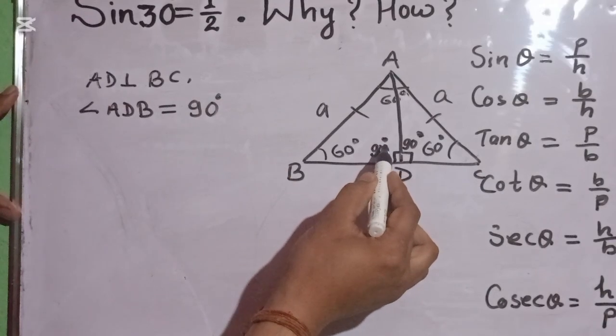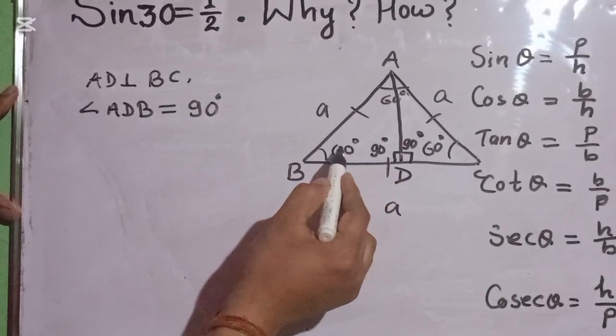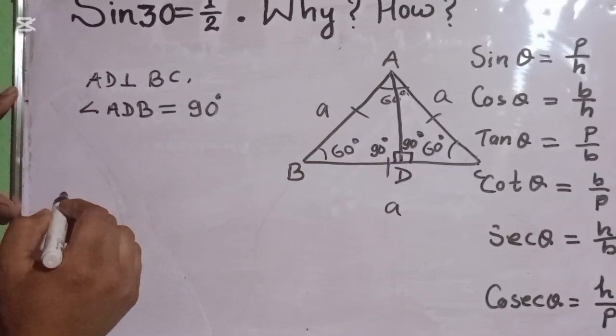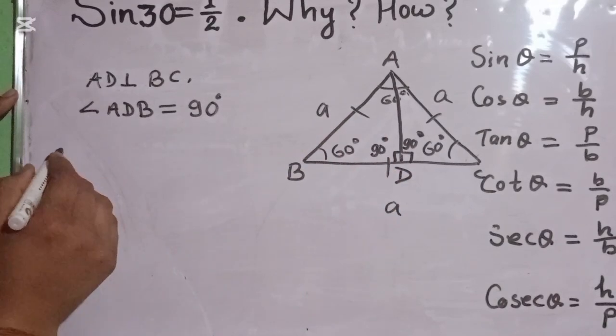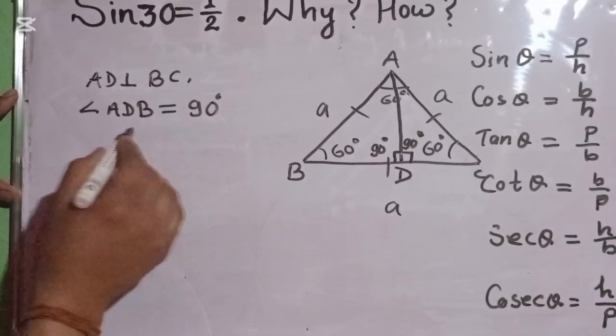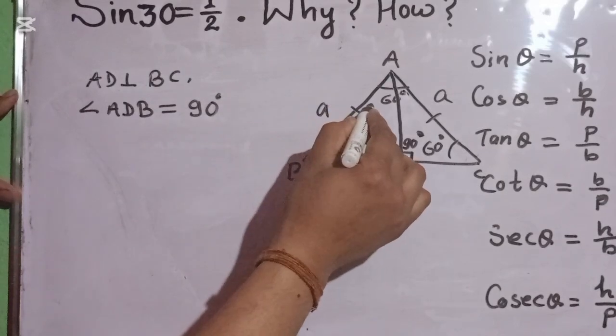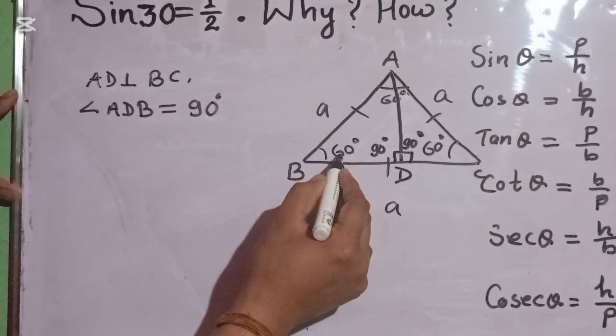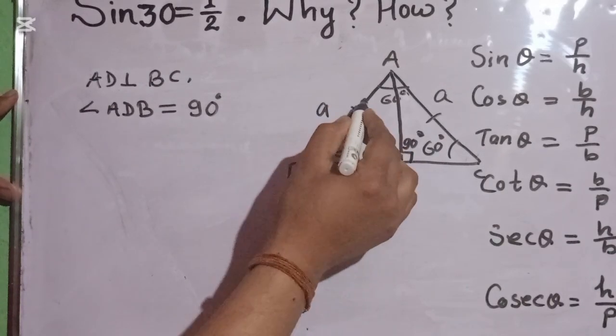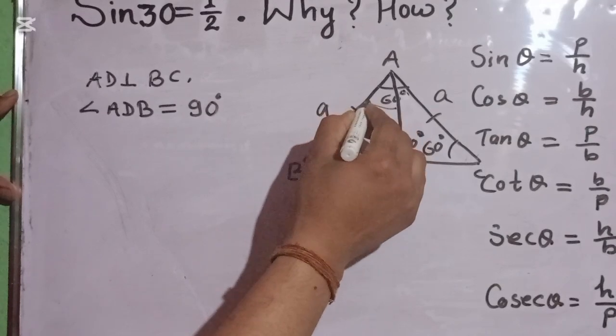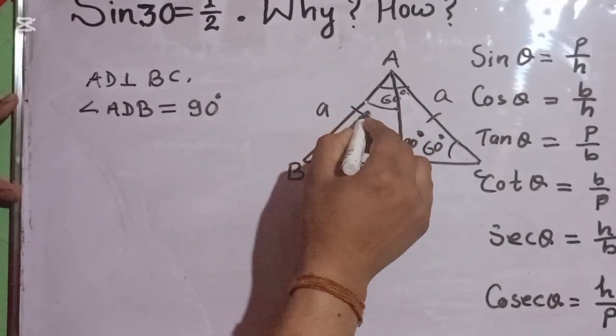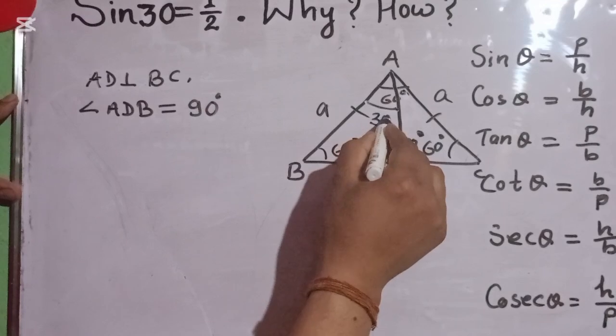If this angle is 90 degree, then this angle plus this angle plus this angle, we can find out like this. This angle will be 90 plus 60, 150, and this angle will be here 30 degree.